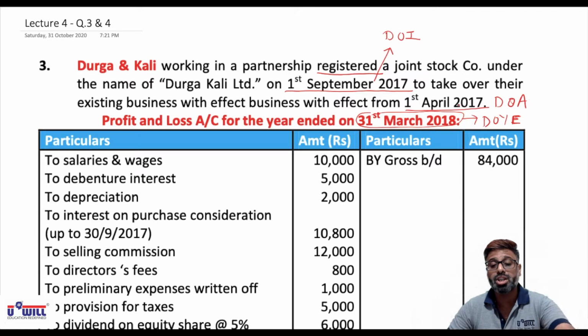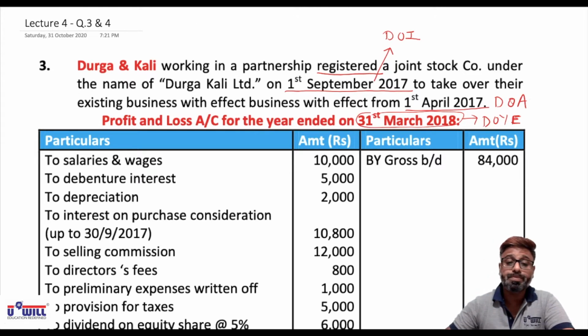In chronological order, next 1st September 2017, and next would be 31st March 2018. 1st April to 1st September, so September won't be included since it's 1st September. April, May, June, July, August: 5 months is the pre-incorporation period, and September to March, 7 months is the post-incorporation period. This will give us the time ratio.